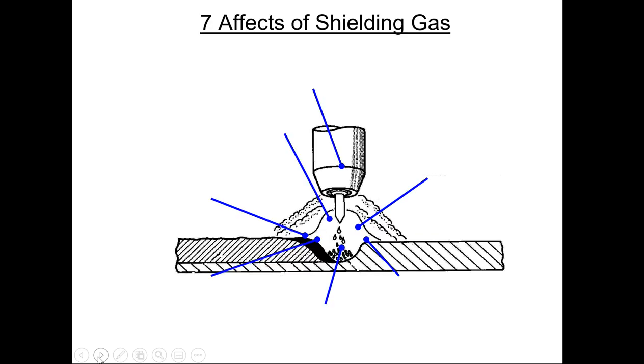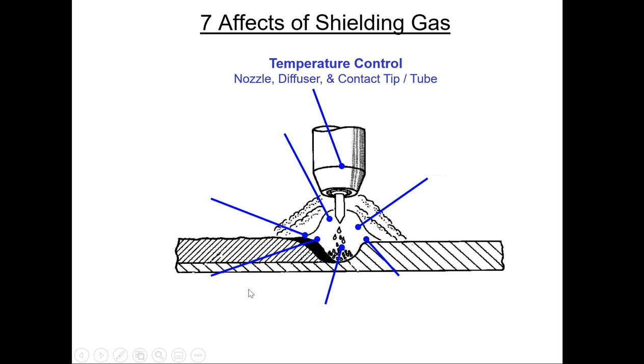A few words about shielding gas. There are 7 purposes for having shielding gases, and they have effects on the welds. Let's see what they do. First, temperature control. As the gas flows through, and by the way, this is the same thing I could give you for MIG and gas metal, if you don't have a liquid cooler on your gun, it's not really air cooled, even though they call it air cooled.